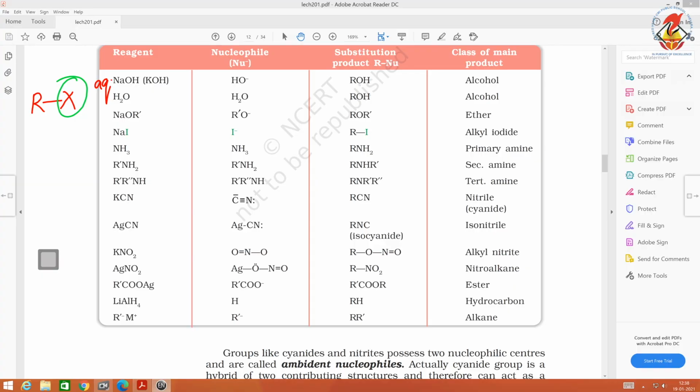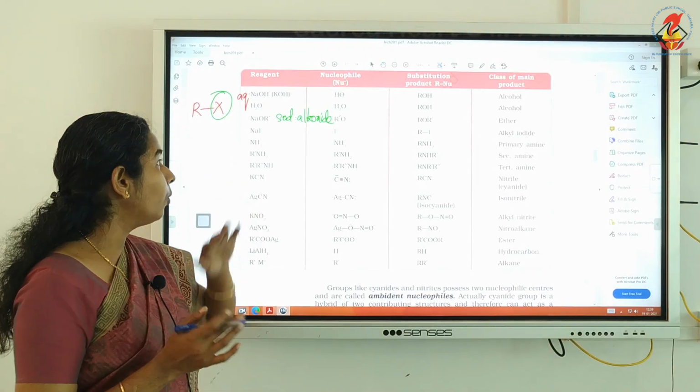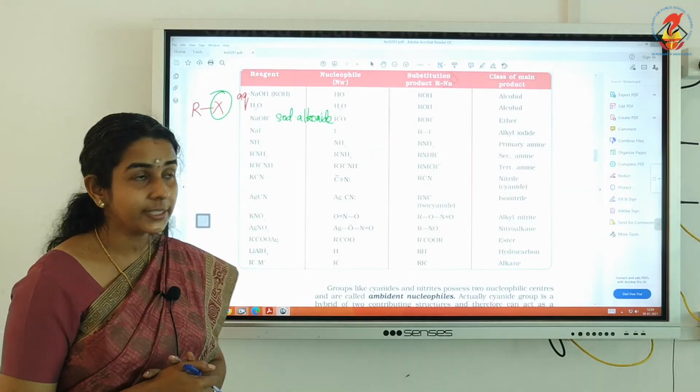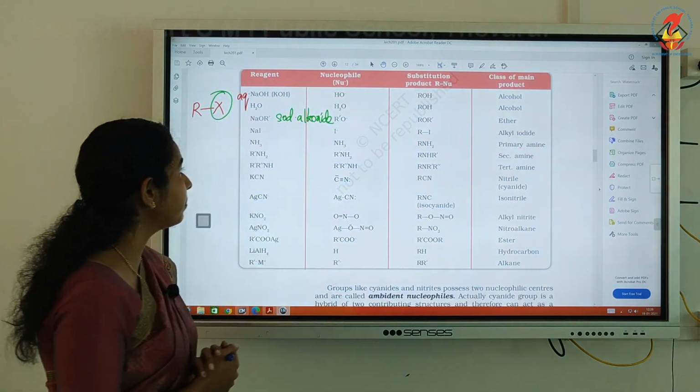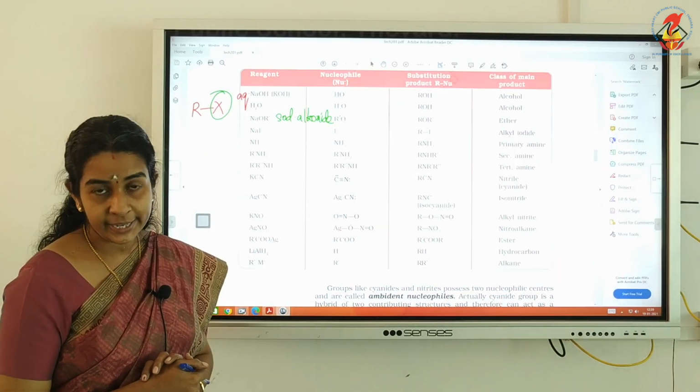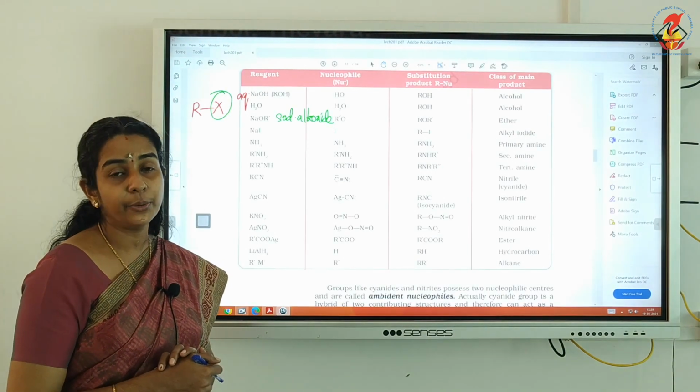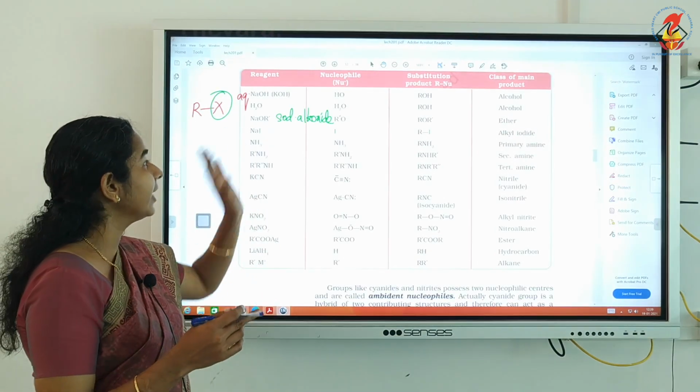Now the third example is when alkyl halide reacts with RONa, or NaOR, which is known as sodium alkoxide. On reaction with alkyl halide, the nucleophile present is RO minus, because RONa ionizes into RO minus and Na plus.